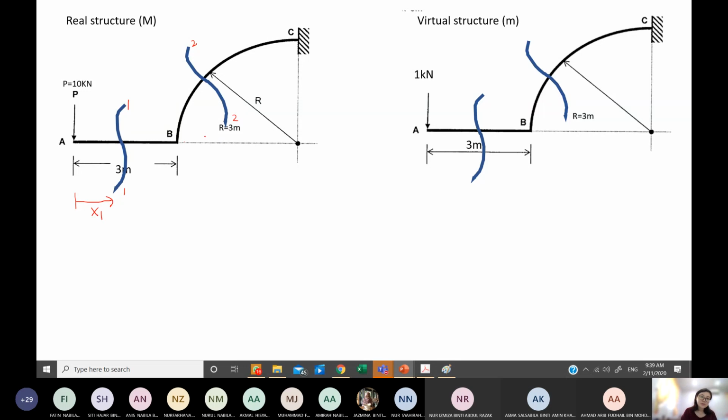So now your X2, you can start it from here. Similarly for your X1. Always put your X starting from that point and parallel with the member. This is how you do it.